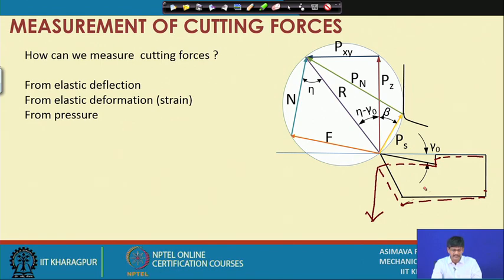We can also have elastic deformation, that is strain. What do we mean by this?